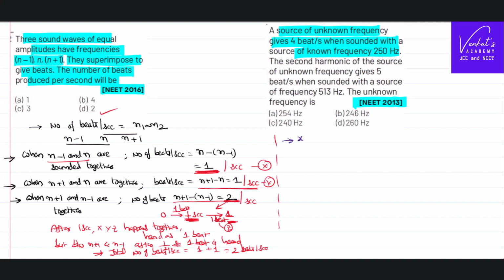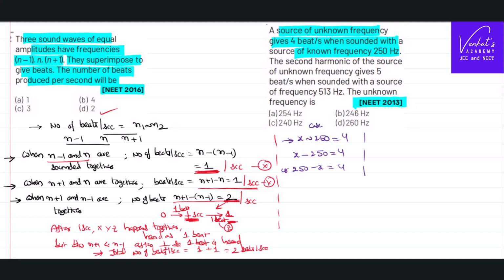Let the unknown frequency be x. The difference with the other frequency 250 is equal to 4 beats per second. So there are two possibilities. If x is greater, x minus 250 equals 4, or if 250 is greater, 250 minus x equals 4. So these two are the possibilities that we can write in the first case.